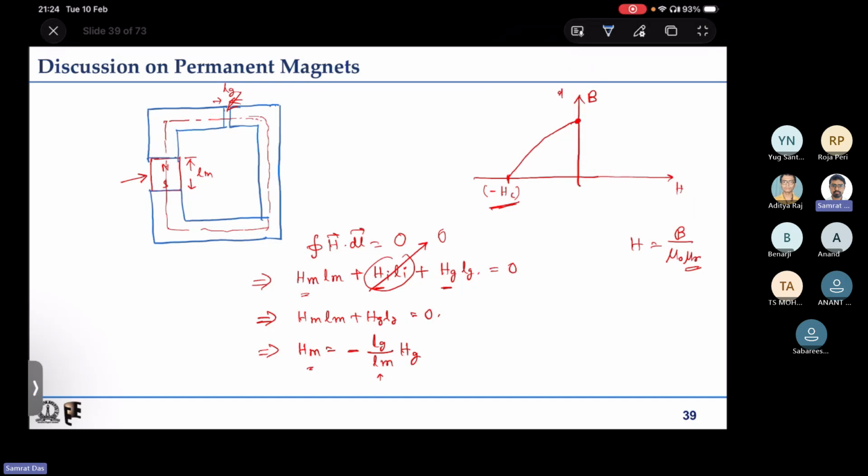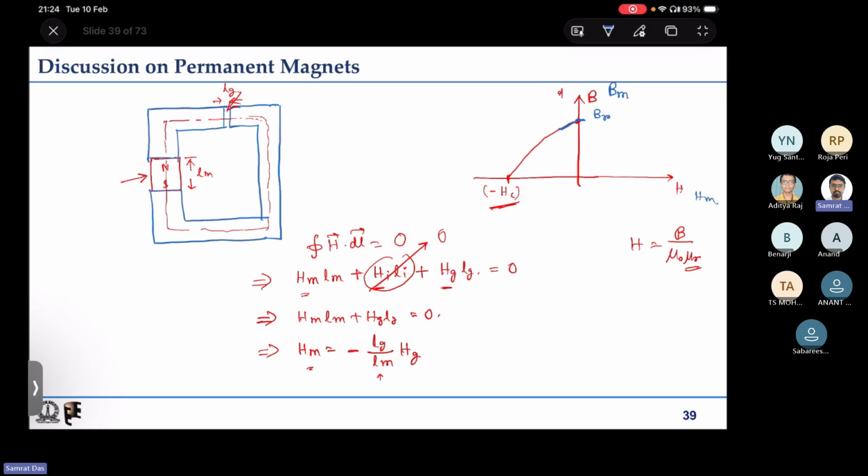If this is the plot for B magnet and H magnet, then Hm will go slightly negative, and it will have slightly lower B compared to whatever remnant flux density it had. It will slightly come below that, and it will operate there.